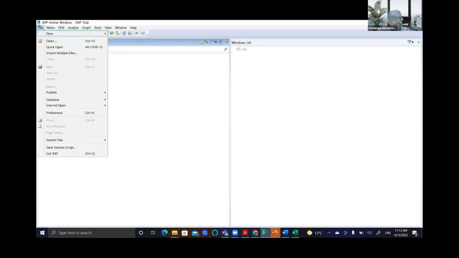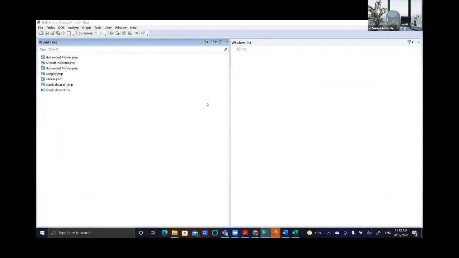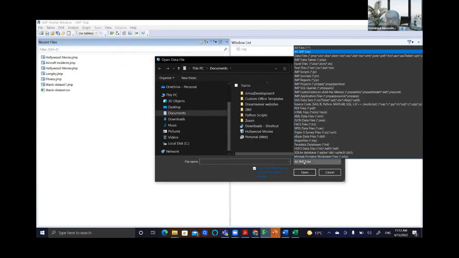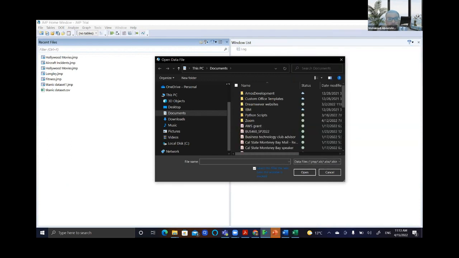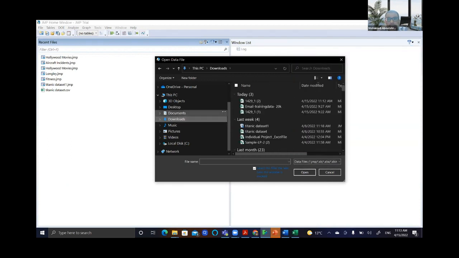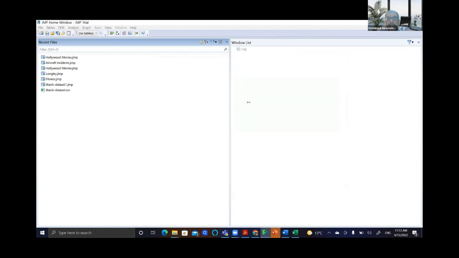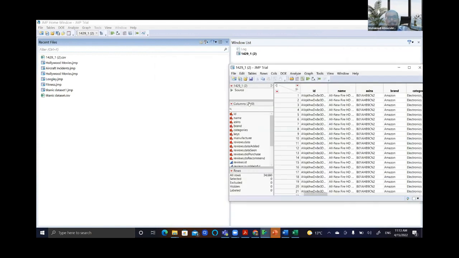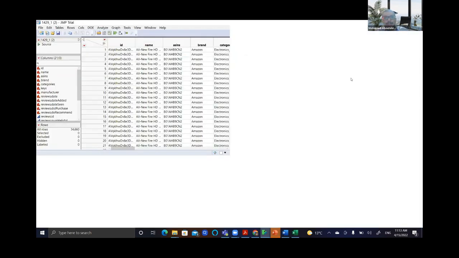So I will go to File, and then Open, and then here I will select all data files. Okay, downloads. Okay, and I will open this file. Now depending on your computer, it can take some time.